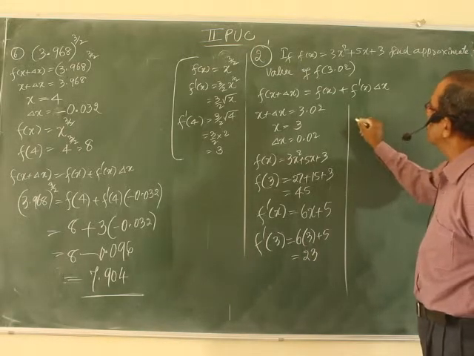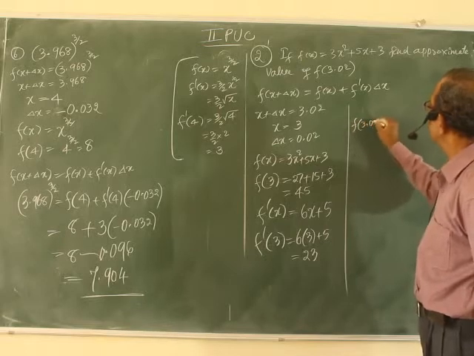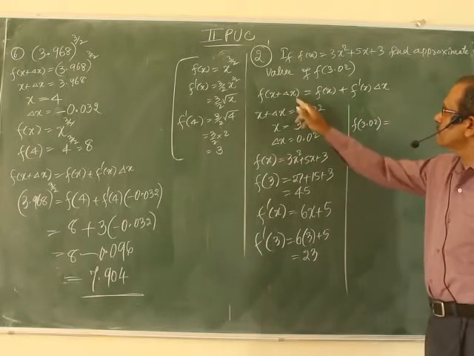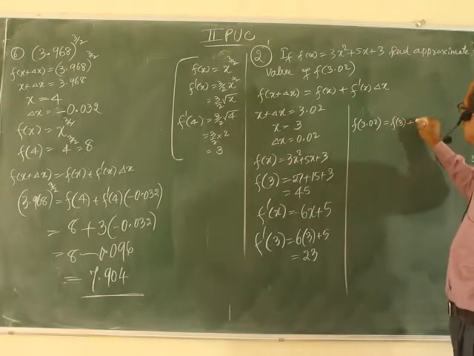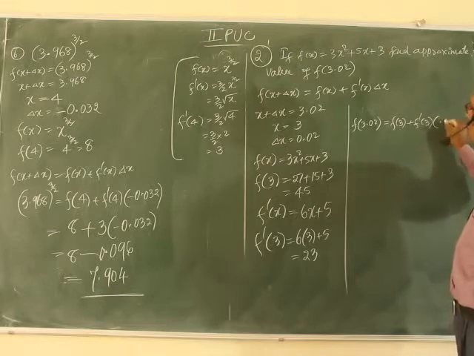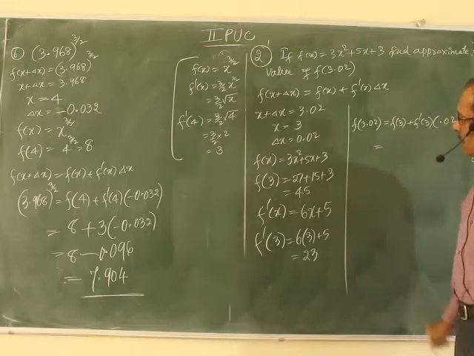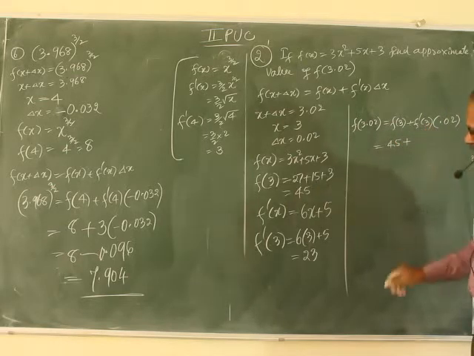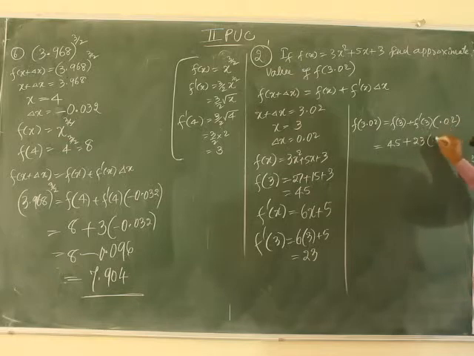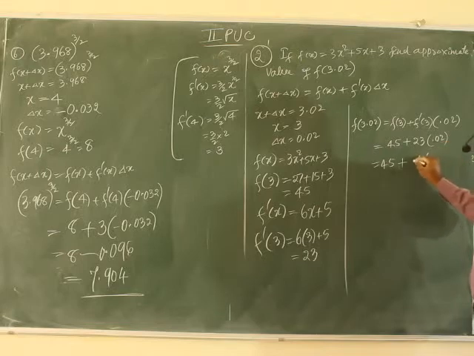F of 3.02 equal to f of 3 plus f dash of 3 into delta x, 0.02. F of 3, 45. F dash of 3, 23 into 0.02, or 45 plus 0.46.